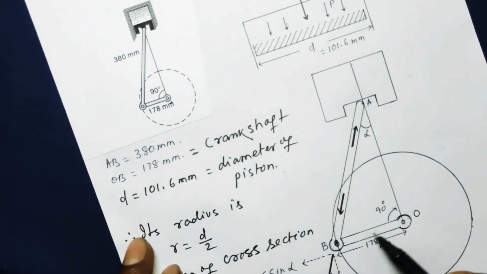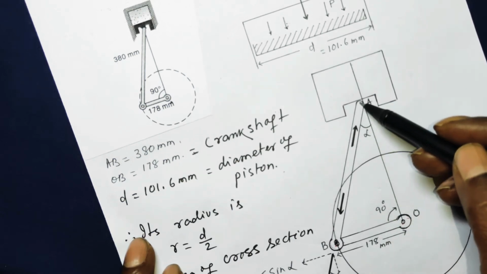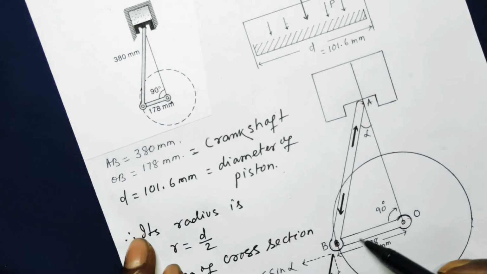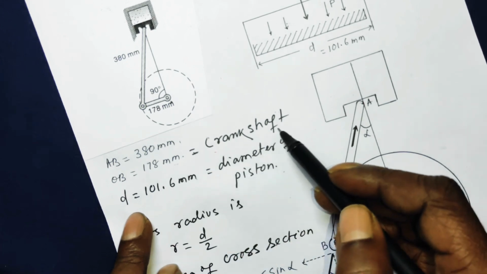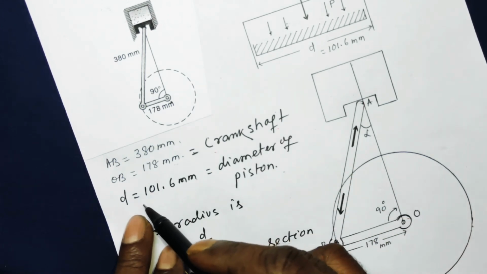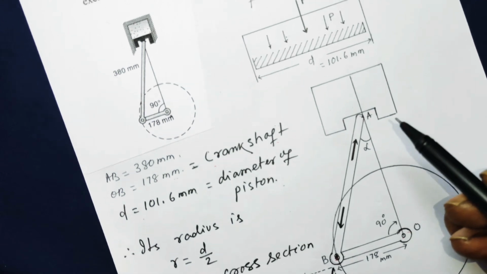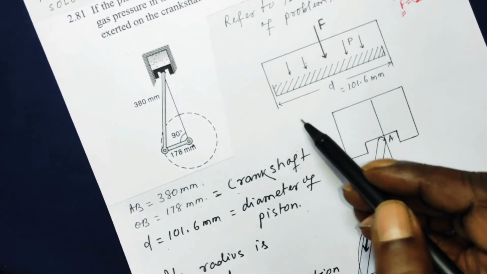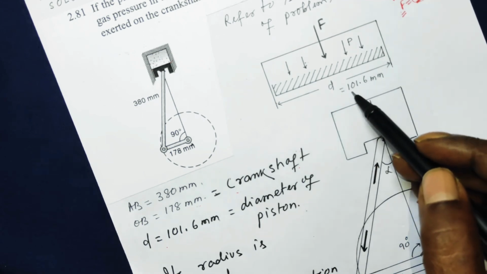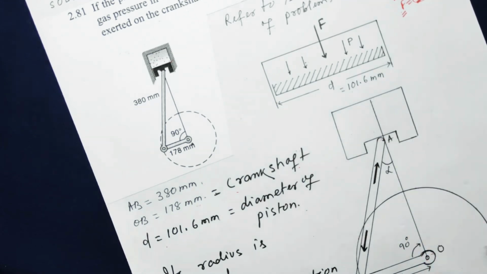Then from this point to this point, from the moment center to the point where the connecting rod is connected with the crankshaft at point B, this length OB is given as 178 millimeter, that is the length of the crankshaft. D is the diameter of the piston, that is from here to here, 101.6 millimeter.